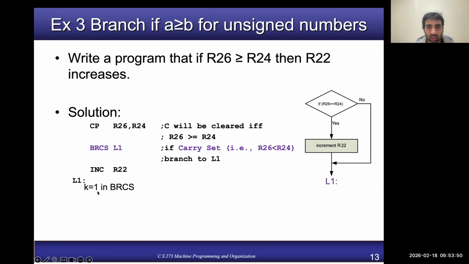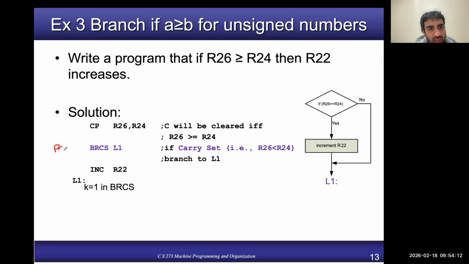Okay, before I go to OneNote if needed, let me tell you what is meant here by k equal to 1 in BRCS. I didn't explain it in the previous slide either. Let me explain for this slide and then we'll go to the previous one. So here, what is PC?